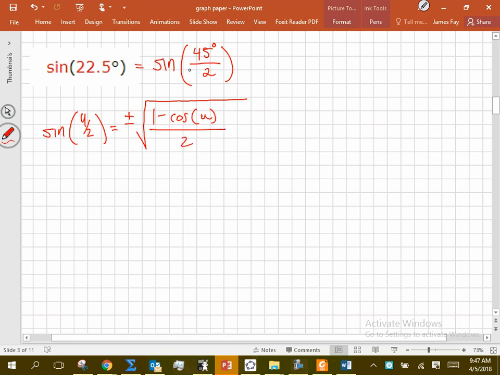The reason I write this one as 45 over 2 instead of 22.5 is because now I recognize that that u right there and that u right there are the same u, aren't they? So then for me, in the specific problem that I'm dealing with, my u is that 45. Okay?